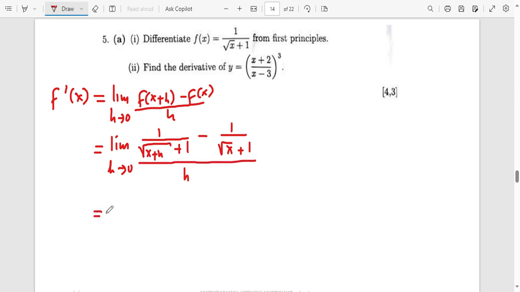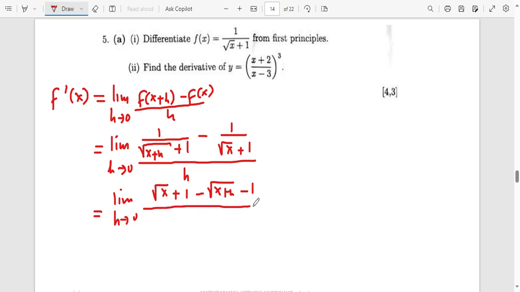At this point, merge the numerator as a single fraction. What you do is get the number on top of the first fraction, multiply with the number down the second fraction. That gives you square root of x plus 1. Multiply the negative 1 on top of the second fraction with the number down the first fraction. That will be negative square root of x plus h, then minus a 1.